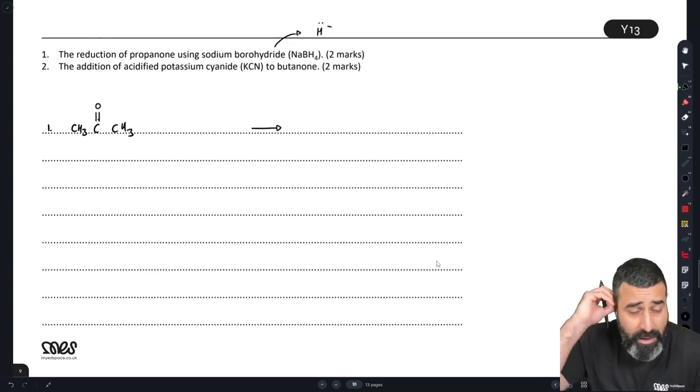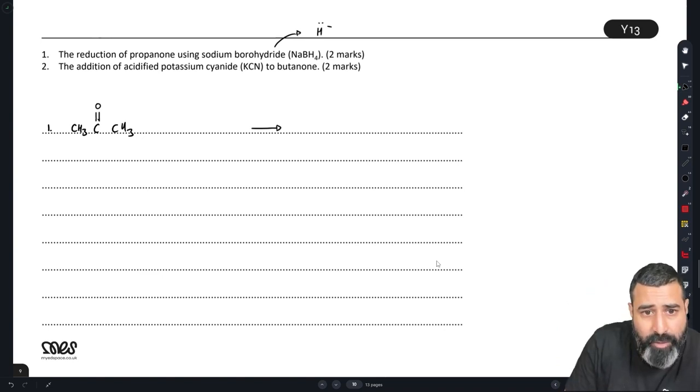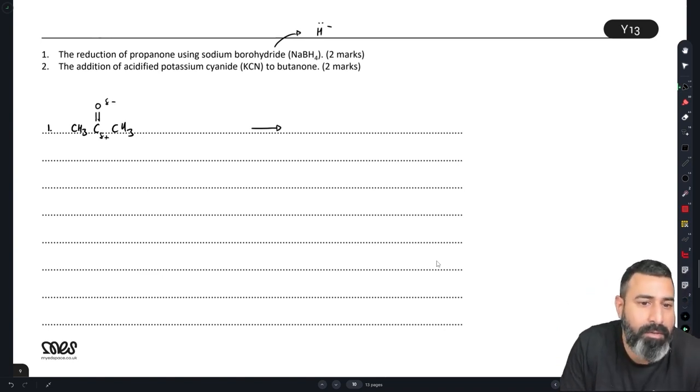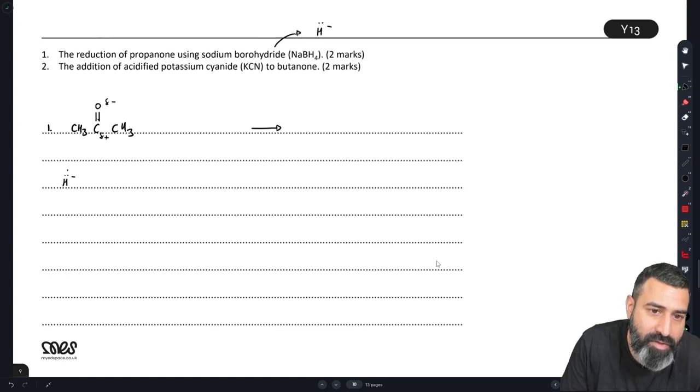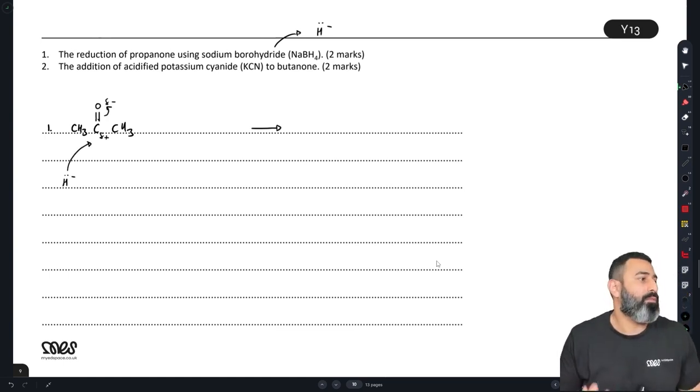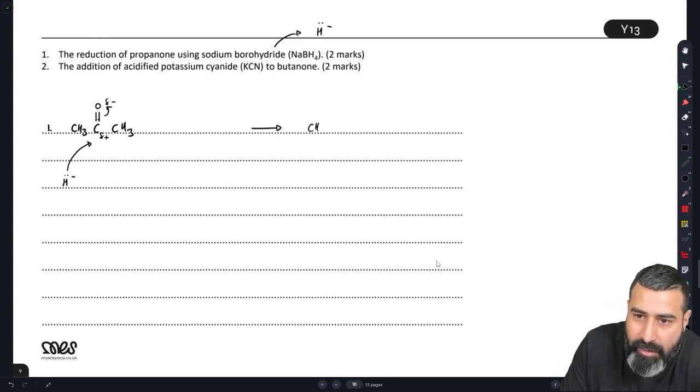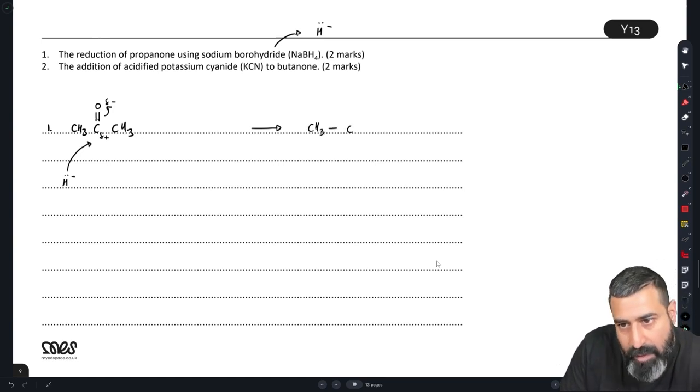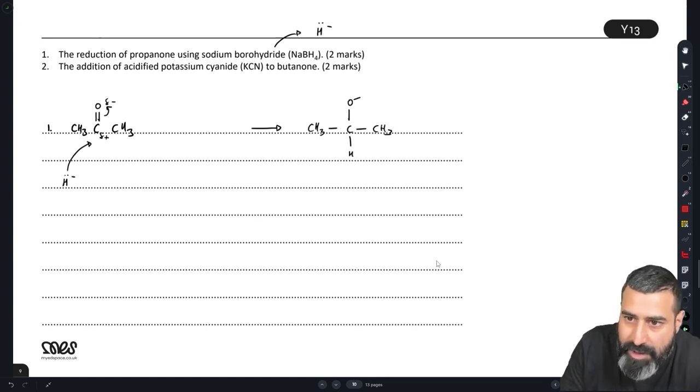If we inspect this, that carbon is going to be delta plus and that's going to be delta minus. So my hydride ion is going to attack there. And that C double bond O is going to break. It doesn't ask for the mechanism, but it just helps me visualize what's going on. So I'm going to get a hydrogen attached there from the borohydride, and I'm going to get a hydrogen attached here.